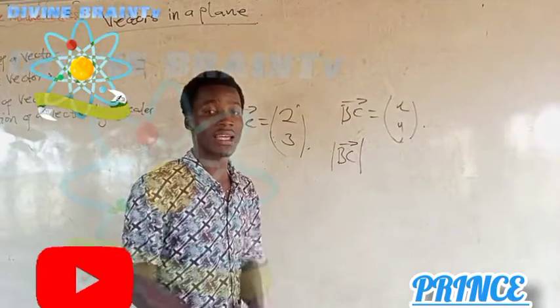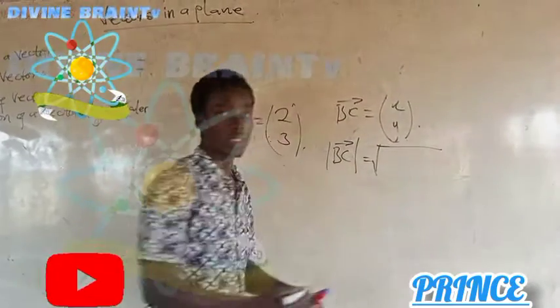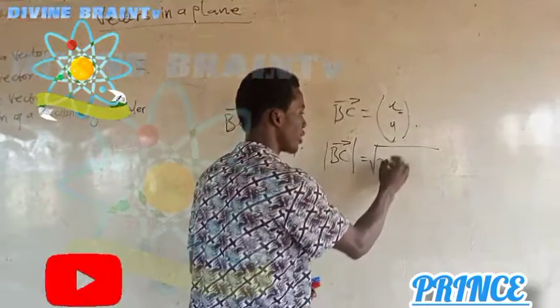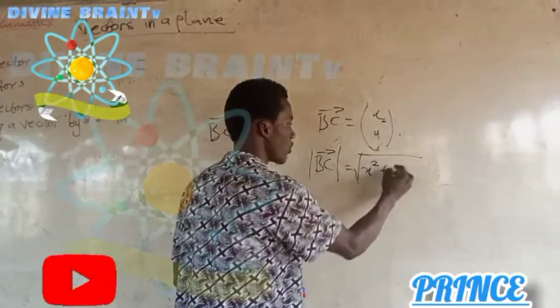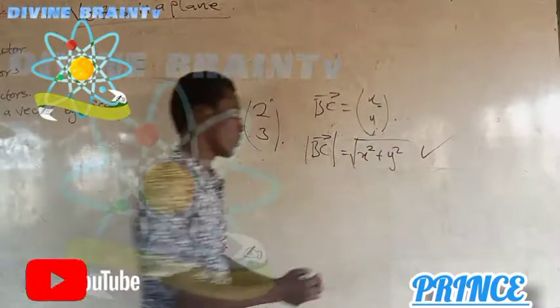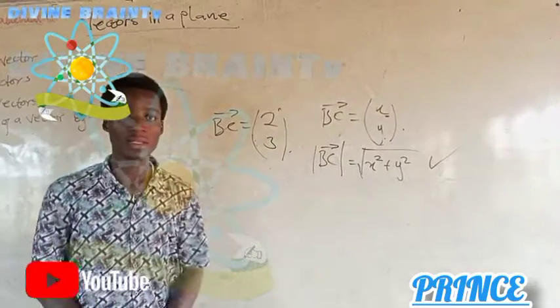So in finding the magnitude, we have our square root, and then we square this x component plus the square of this y component. That is the general formula.